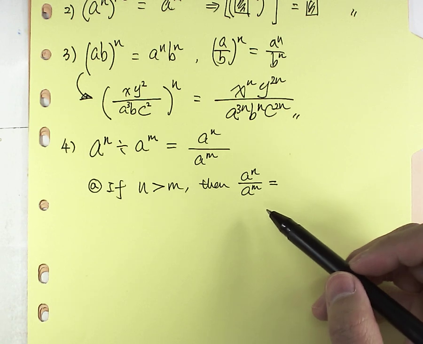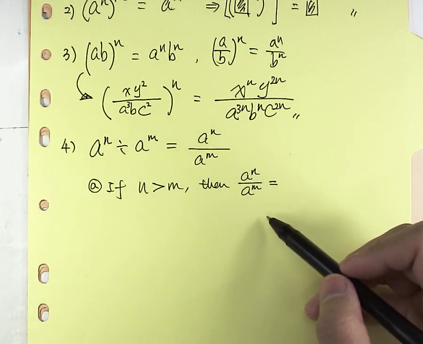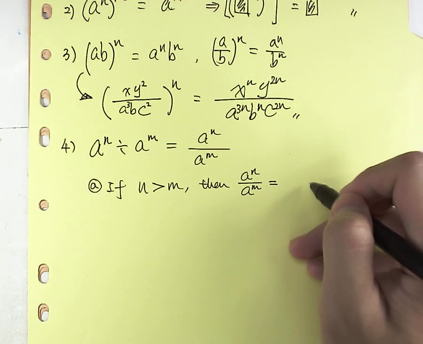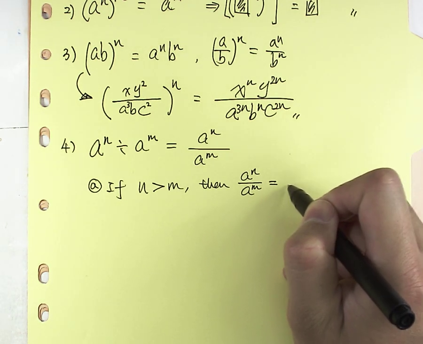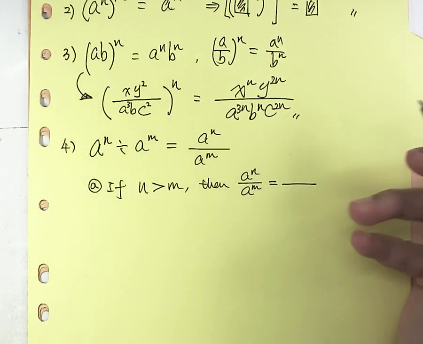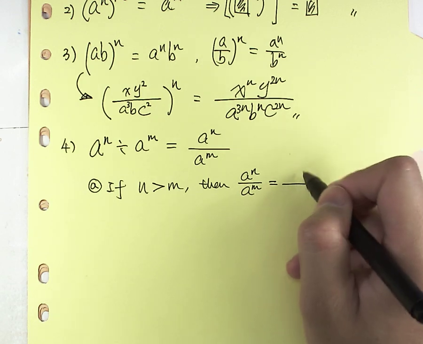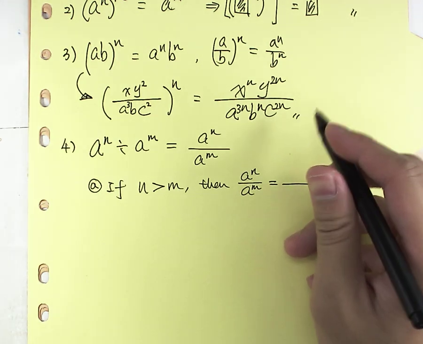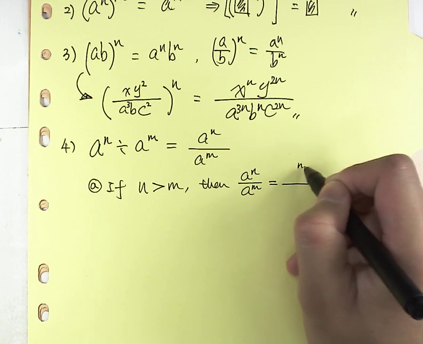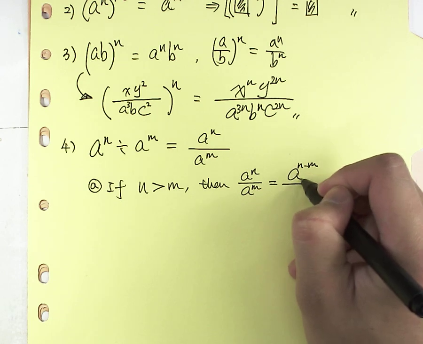But where is your result, above or at the bottom? It's above. So keep yourself doing like this. We draw a fraction first, and then we do the big minus the small, I mean n minus m. Because here you have to put the result above, so you keep the a.